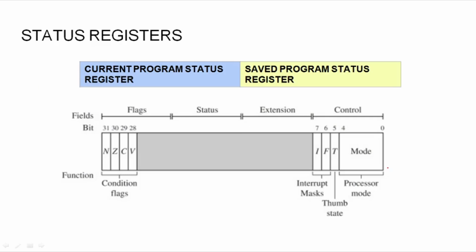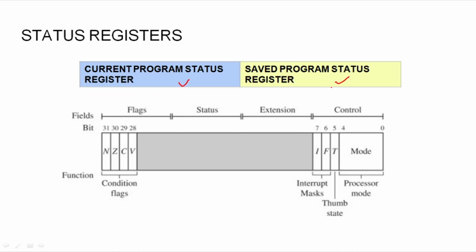Then we have the program status registers. In addition to R0 to R15, ARM includes two important status registers, one called CPSR and one called SPSR. CPSR is the current program status register, while SPSR is the saved program status register.